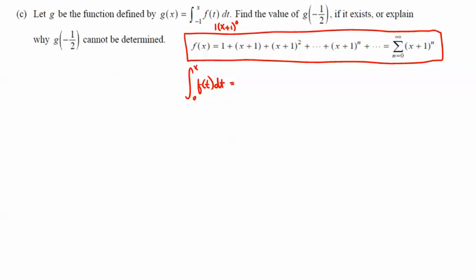So when we take the integral of that, it's going to be (x plus 1) to the first over 1. The second term would be (x plus 1) to the second over 2. Third term, (x plus 1) to the third over 3.